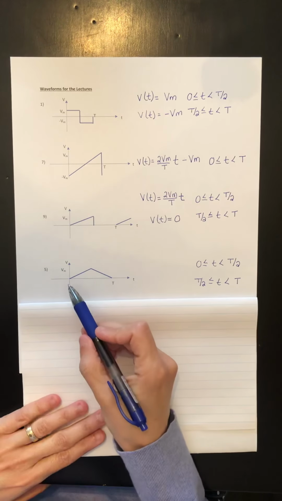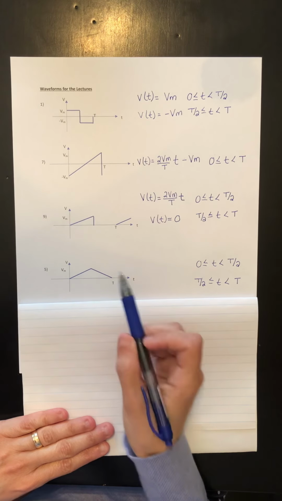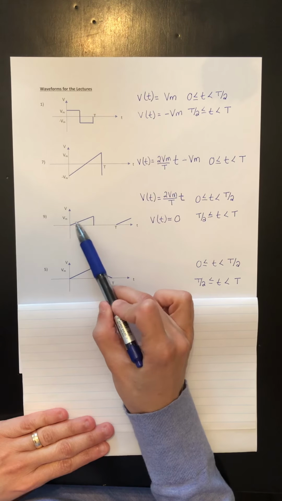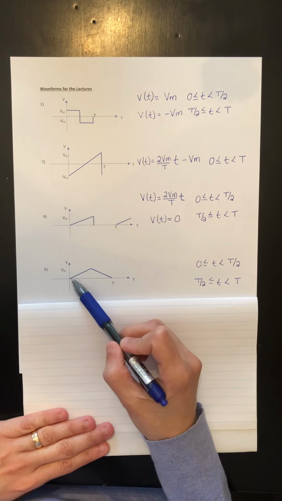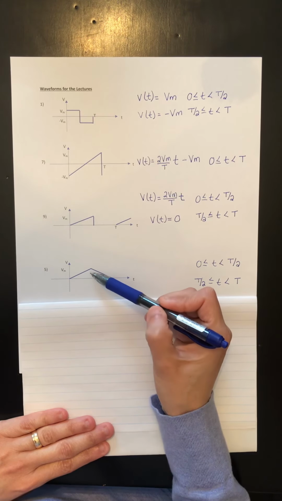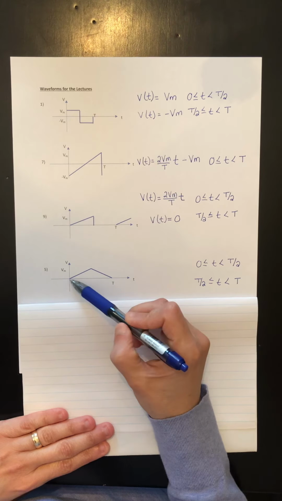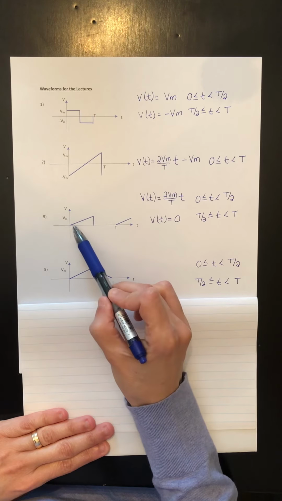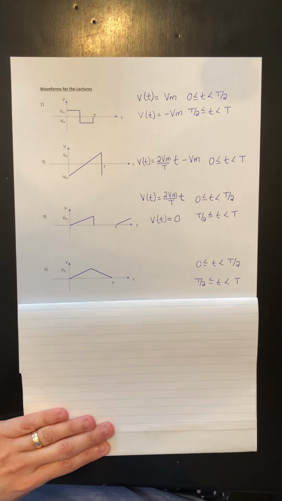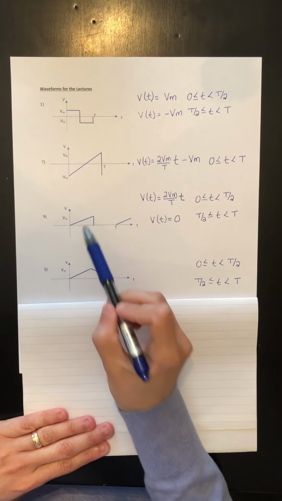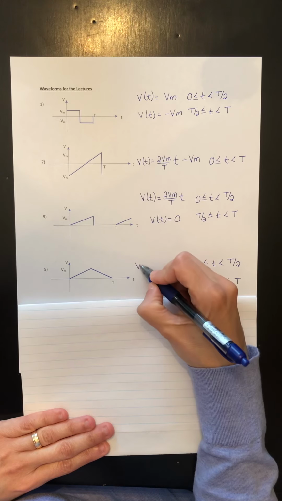So for the first piece here, we're going to actually have exactly the same first piece as we did in number 9. Okay, because here again, this would be capital T over 2. For the first piece, we have the same slope and the same intercept as we did here. So the expression is going to be exactly the same.